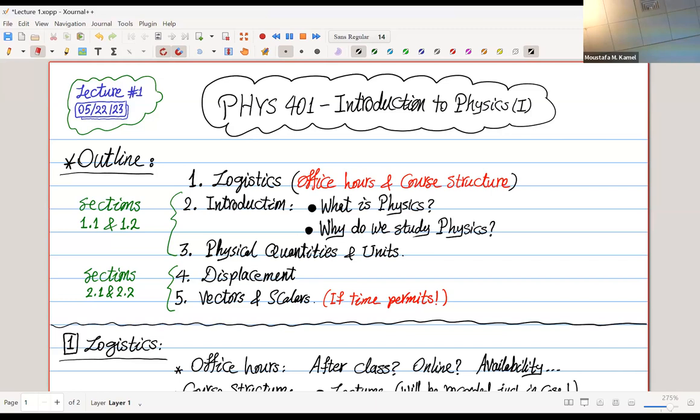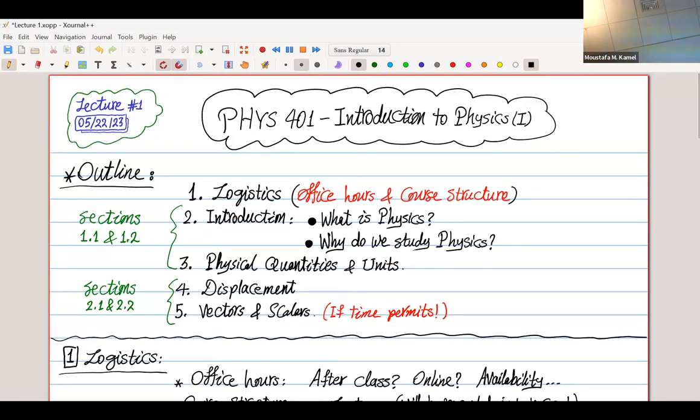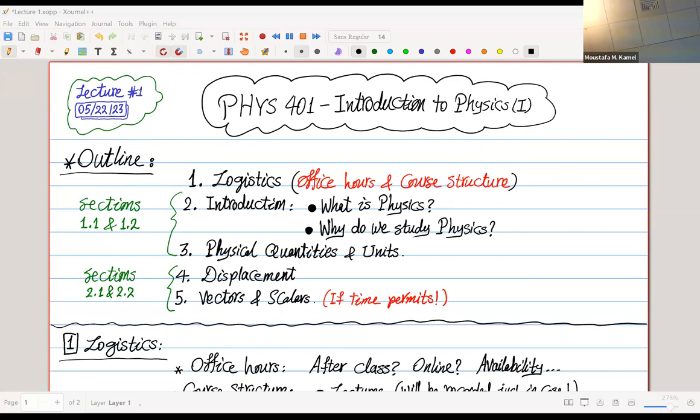I will be working from the textbook. I sent you the textbook on the syllabus. If you click on the name of that, let me actually show you. This is the syllabus. If you click on the name of the book, it goes right away to the book, and you can get a PDF version as well.